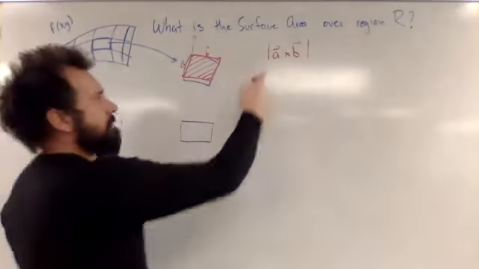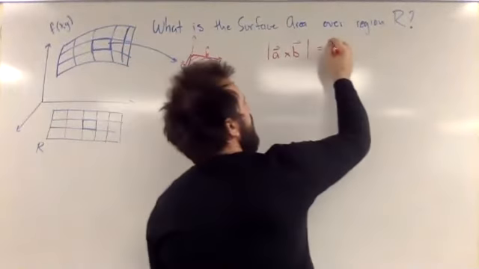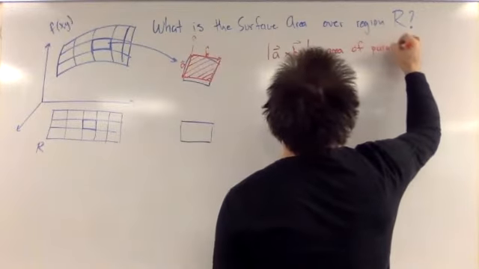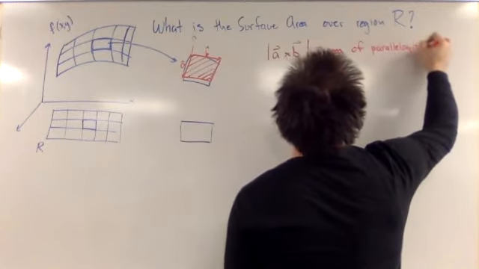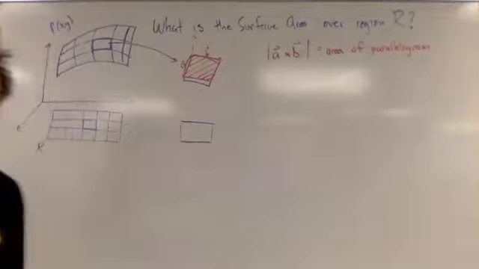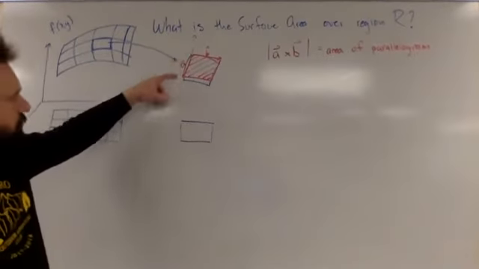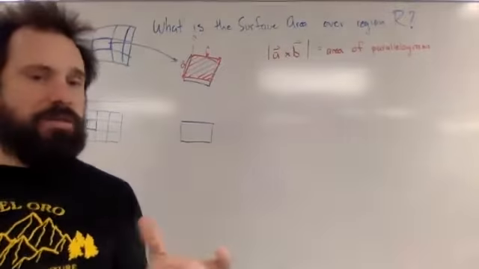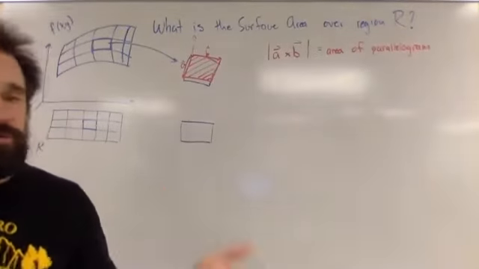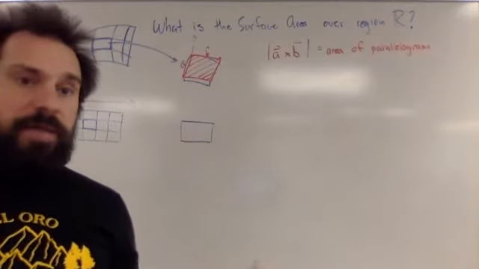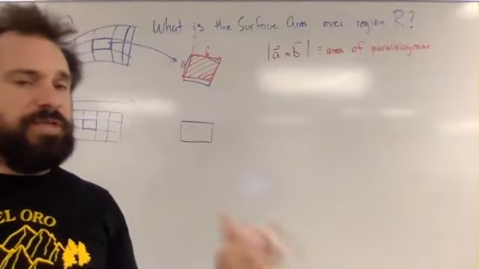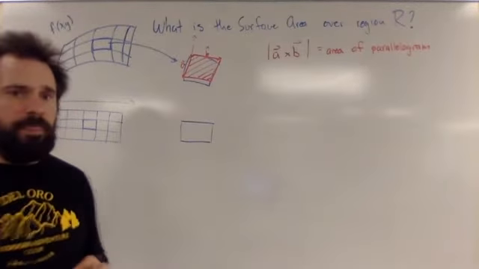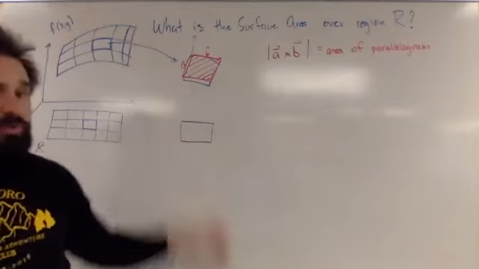But the magnitude of the cross product tells me the area of the parallelogram. So if I'm able to find the two sides and write them as vectors with components i, j, and k, then I can find the magnitude of that cross product and use that to create my formula for the surface area over this region.